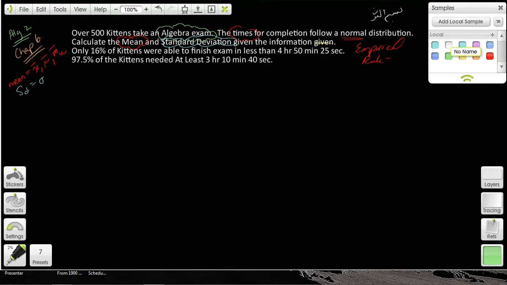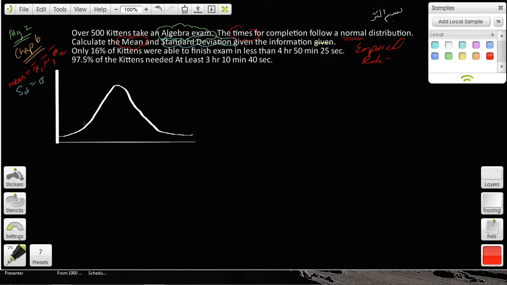So we draw a hypothetical normal curve. Here it is. The first thing we have to know is what's on the x and the y-axis. The x-axis is going to be the range of time, the range of completion.